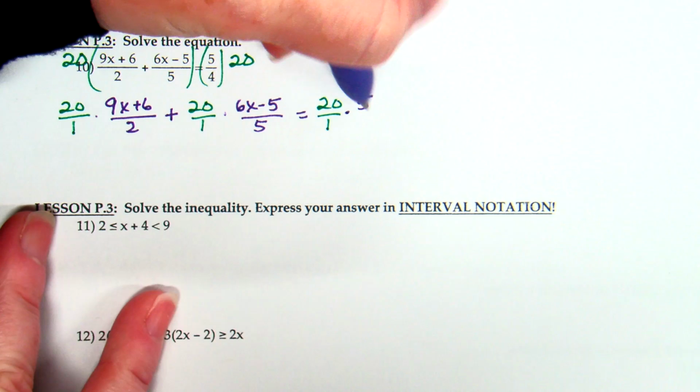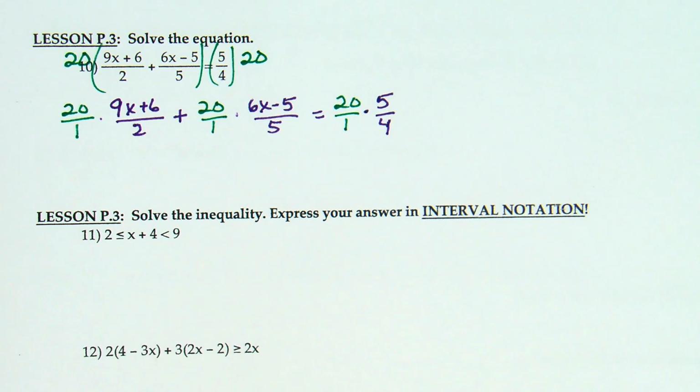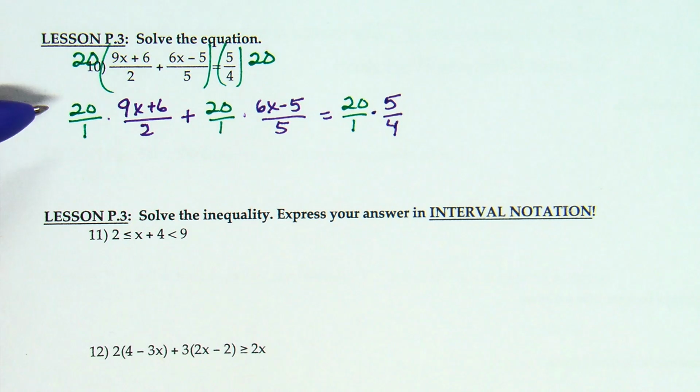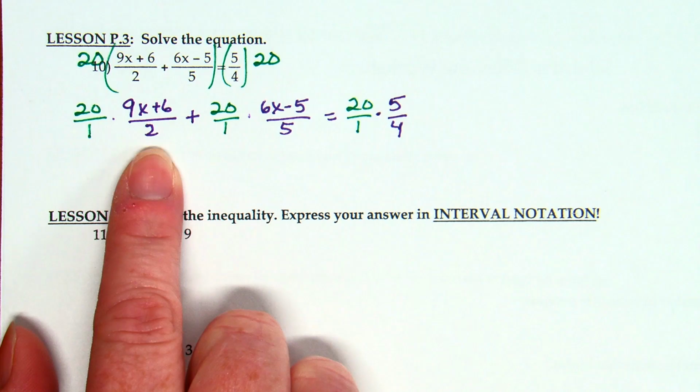So in this first set, guys, it's cross-canceling. 2 and 20 can both divide by 2. 2 divided by 2 is 1. What's 20 divided by 2? 10. And so this now becomes 10 times 9x plus 6, plus.